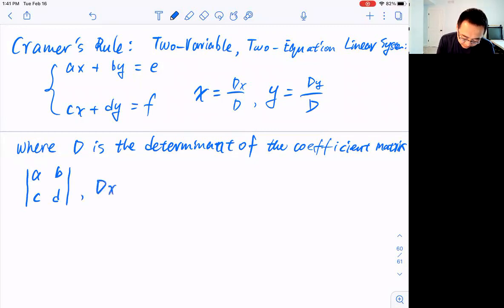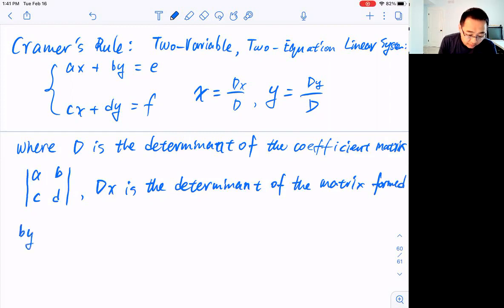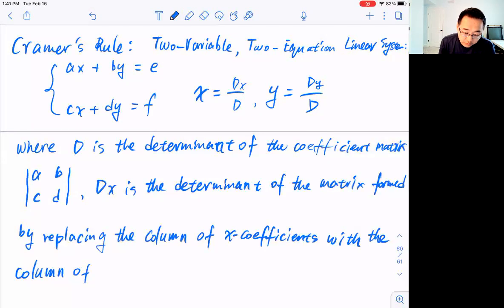Okay, then dx is the determinant, okay, of the matrix formed by replacing the column of x coefficients with the column of constants.